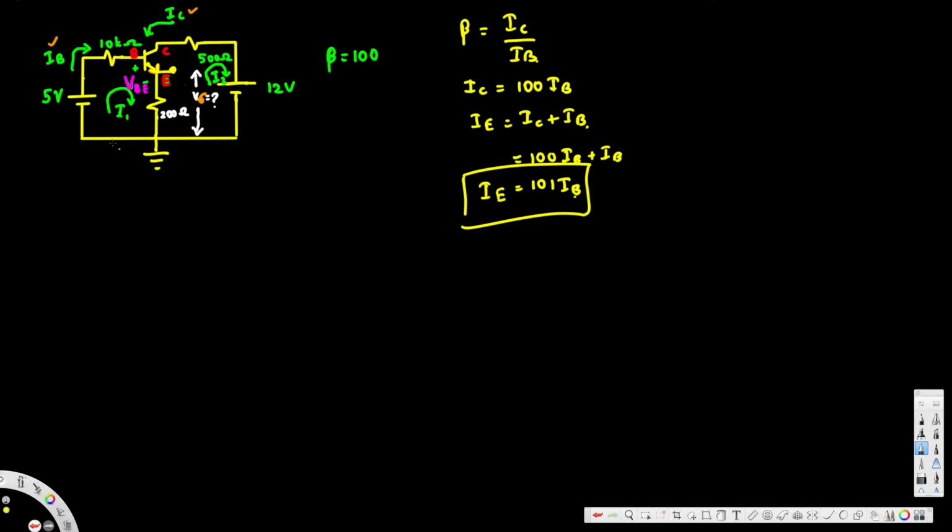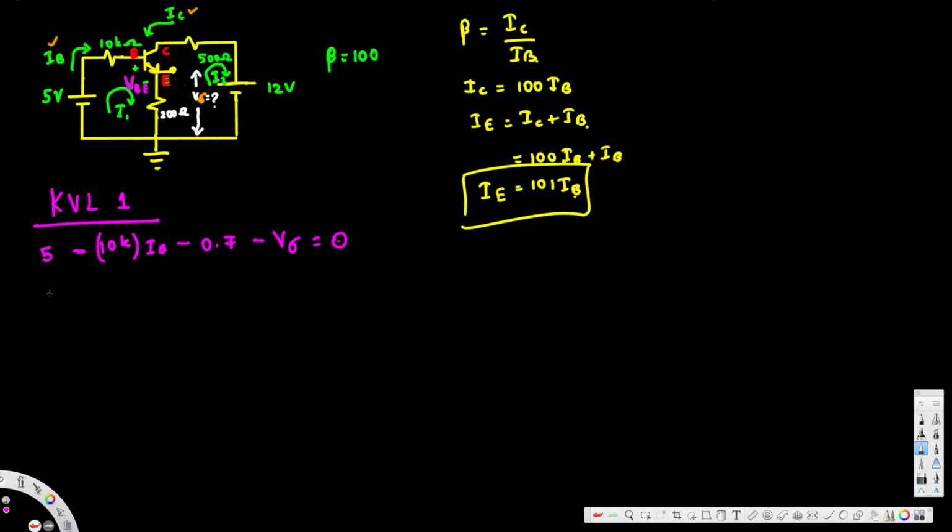Now I'm going to apply KVL in the first loop. If I apply KVL, this is going to be plus 5 voltage minus 10k times IB, minus VB is 0.7, and then minus this whole voltage, that is V sigma, that's equal to 0.